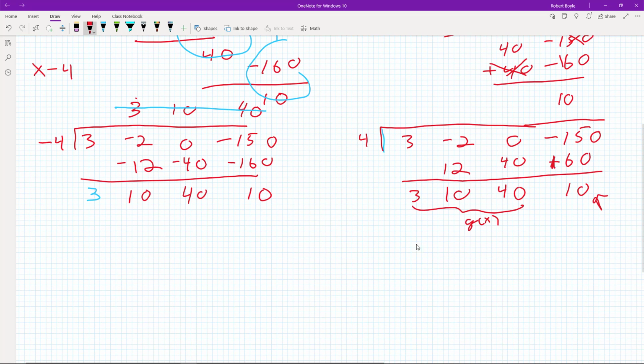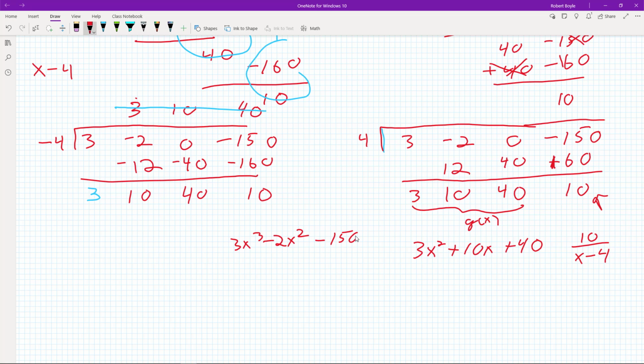So this is going to be equal to 3x squared plus 10x plus 40. And our remainder is going to be 10. And if you were going to write that in the appropriate form, this would be 10 divided by x minus 4. So we have that 3x cubed minus 2x squared minus 150 divided by x minus 4 is actually equal to this.